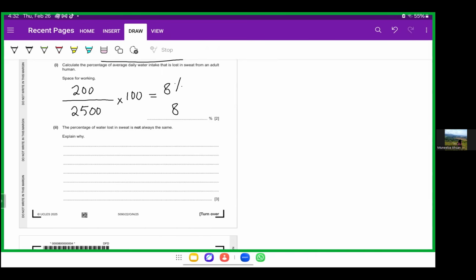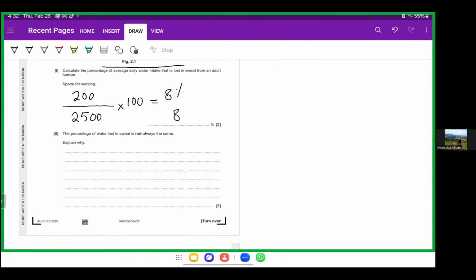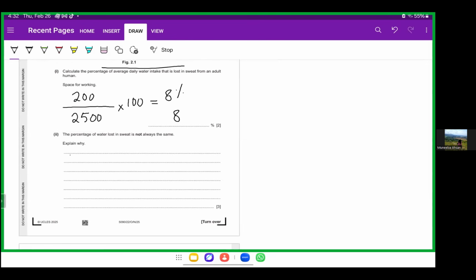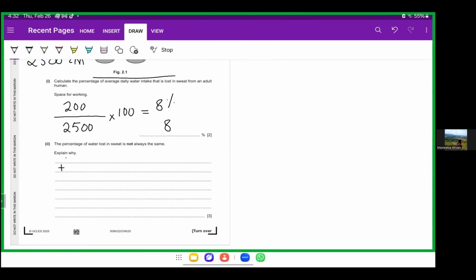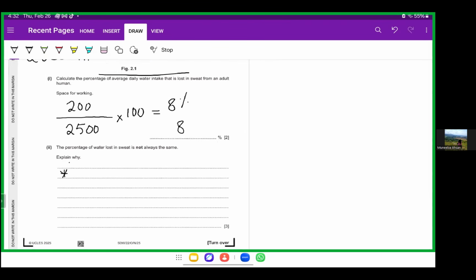So that's what we are going to answer here, that the percentage of the water lost in the sweat is not always the same, because it depends on the homeostasis, right? So the first thing is, it depends on the homeostasis. Second thing is, why is homeostasis needed? Because you need to maintain the body temperature, right?